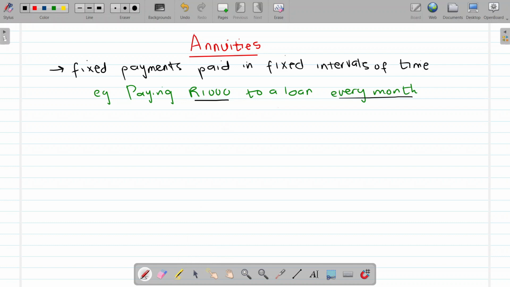Now there's two types of annuities. The first one is called the present value annuity.